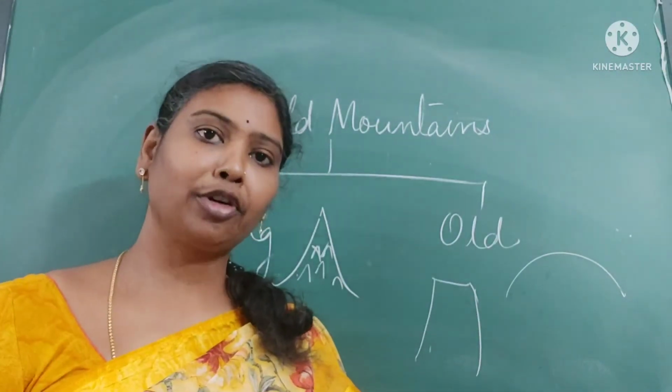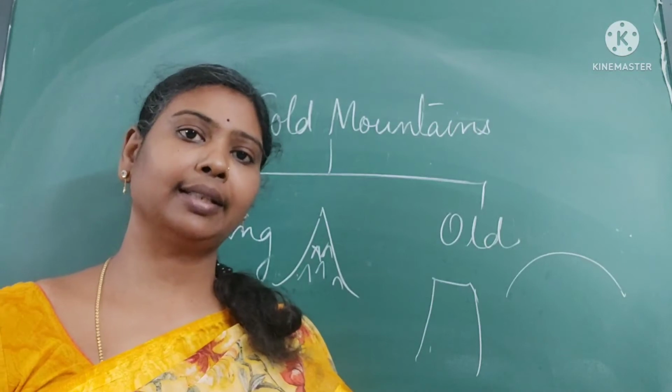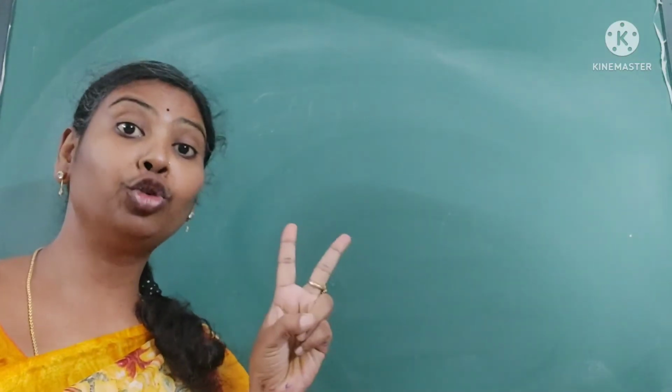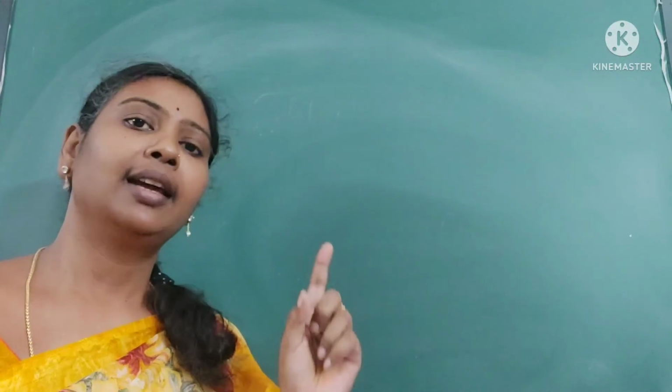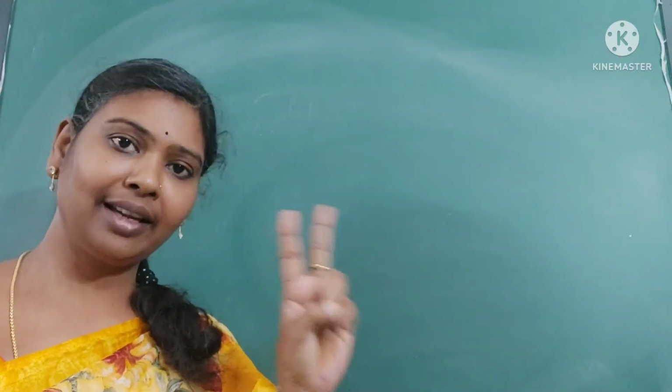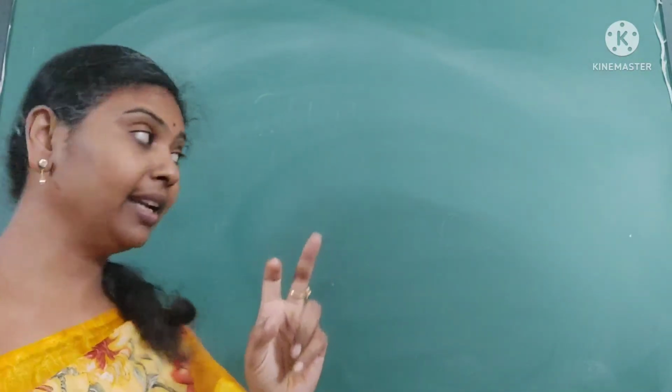Now let's see the formation of the great mighty Himalayas, right? Himalayas are formed by the collision of two major plates, that is the Eurasian plate and the Indian plate.